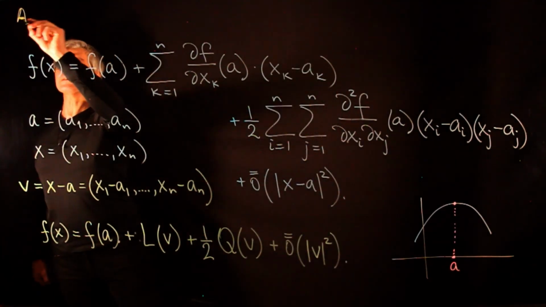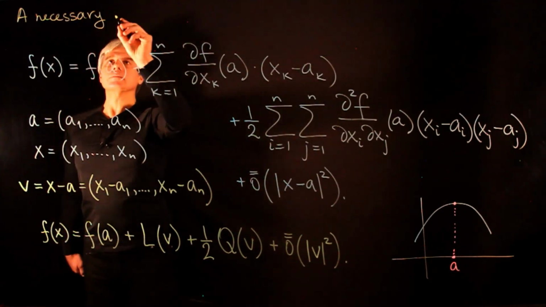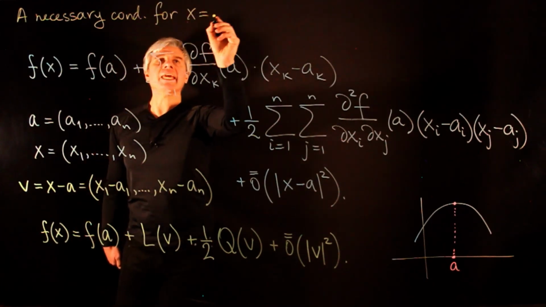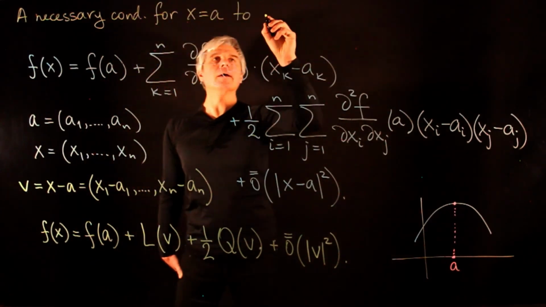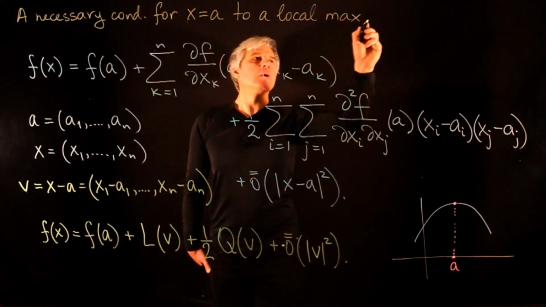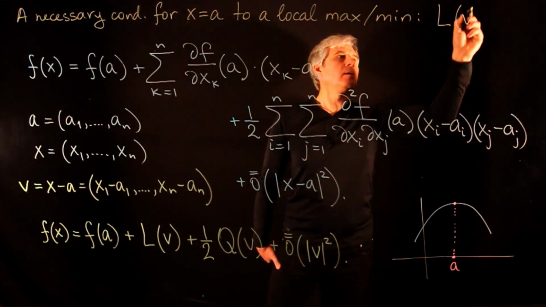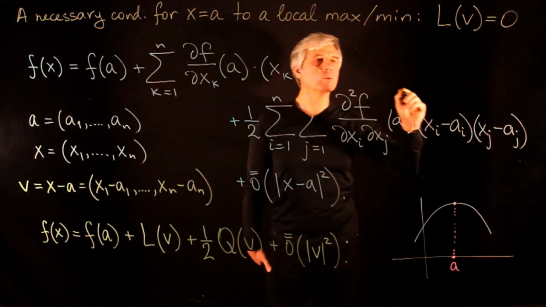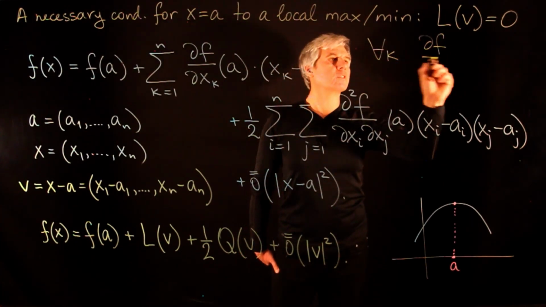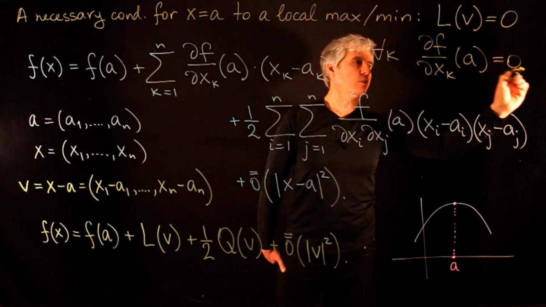Then a necessary condition for x equals a to be a local maximum or minimum is that L of v must be equal to 0. So this means that for all k, the partial derivative df dxk at the point a must vanish.